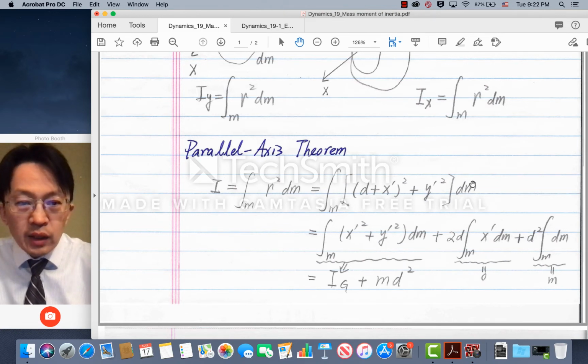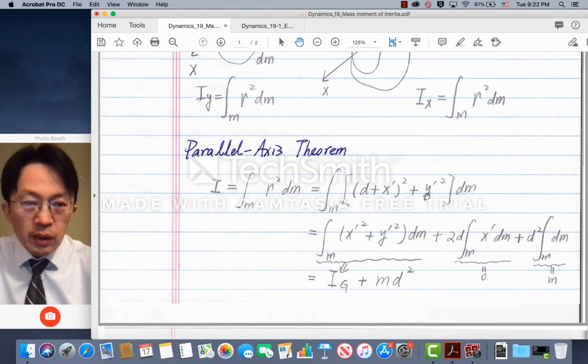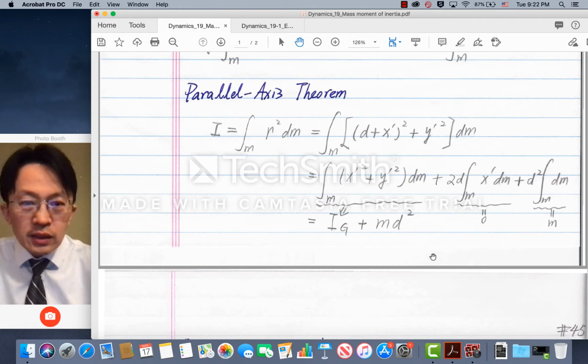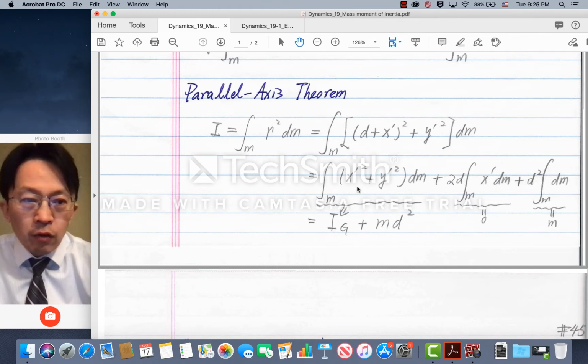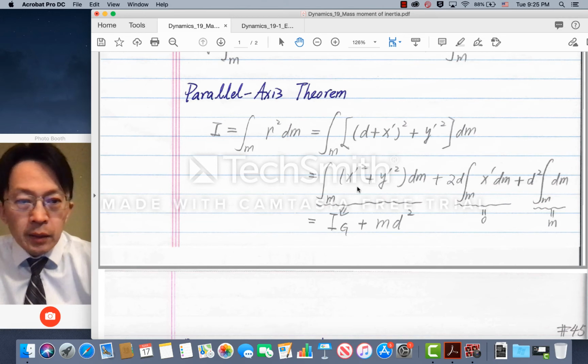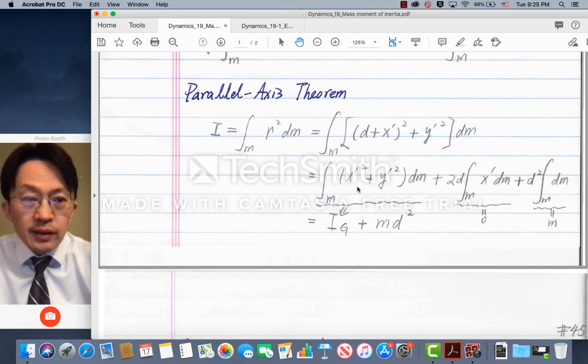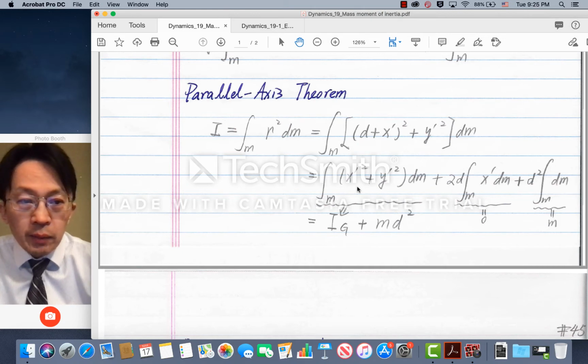Now, r squared equals d squared plus x prime squared plus y prime squared. And this integral will lead to three different terms. The first term is just the integral of x prime squared plus y prime squared over the entire mass. The second term is the integral of x prime over the entire mass times 2d, and the third term is d squared times the mass integral, which is the total mass.